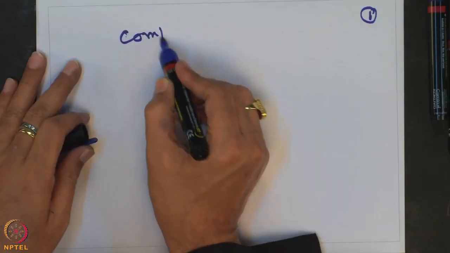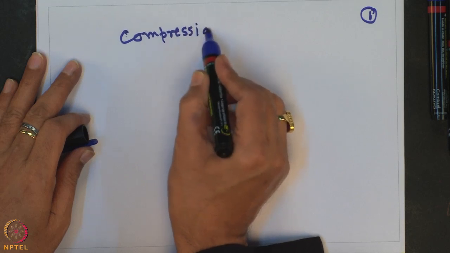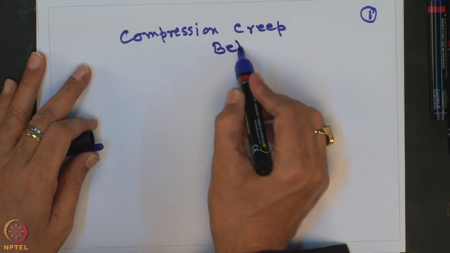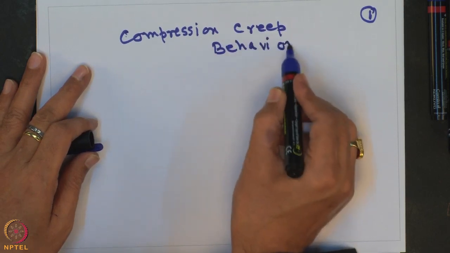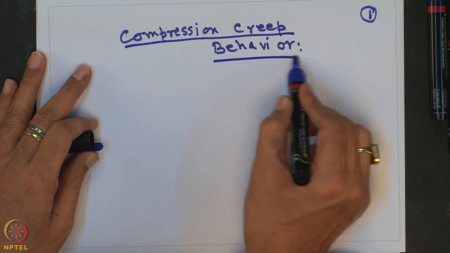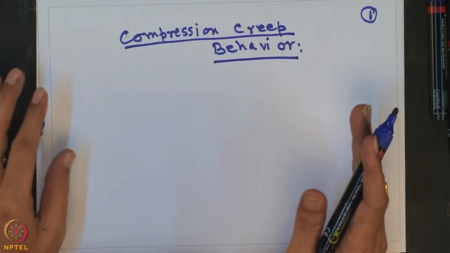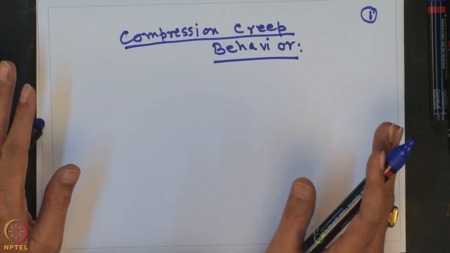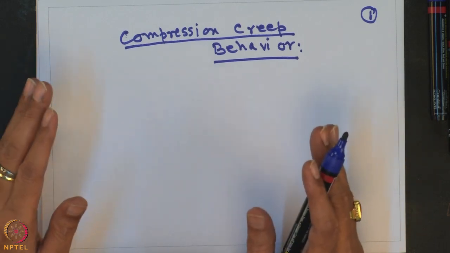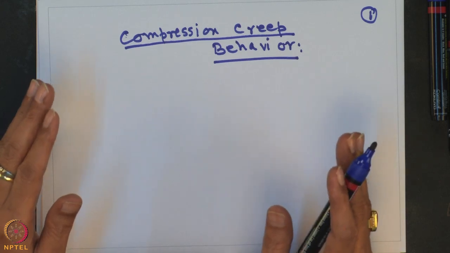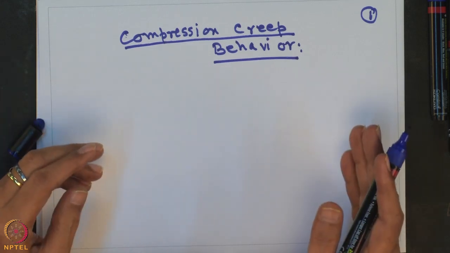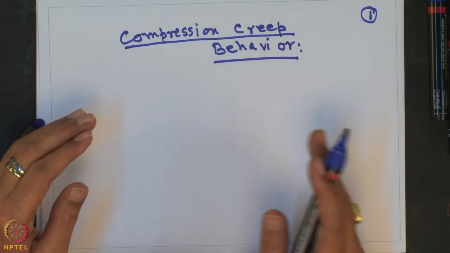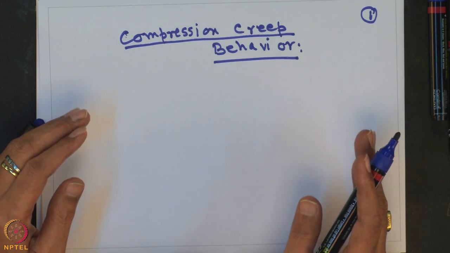The compression creep behavior of the geofoam is very interesting, and if you know the compression creep of the EPS geofoam, you can design what should be the thickness of the EPS geofoam material.